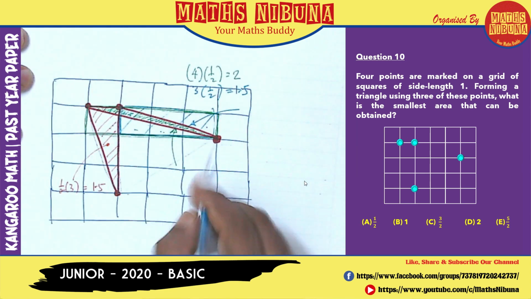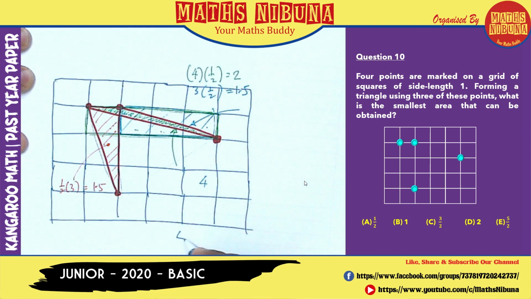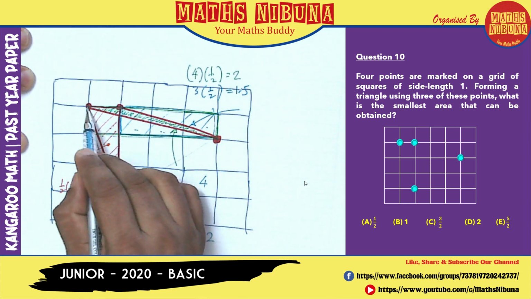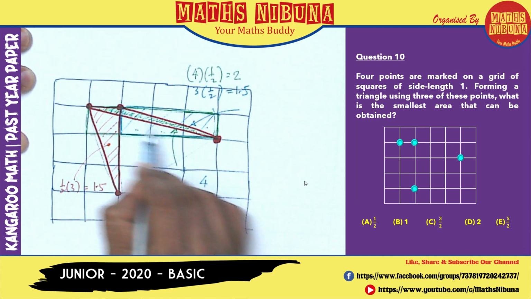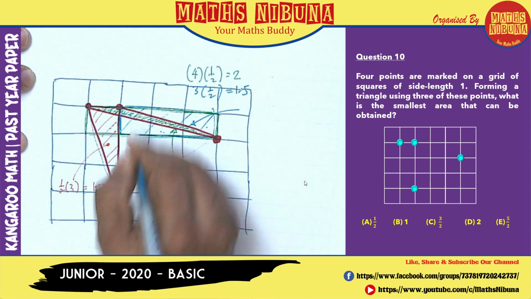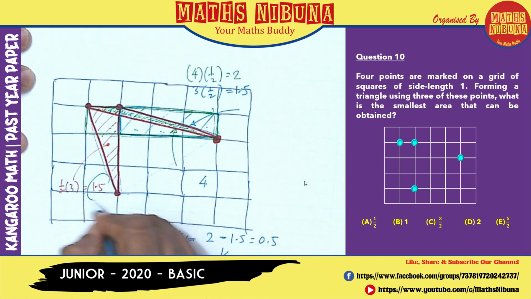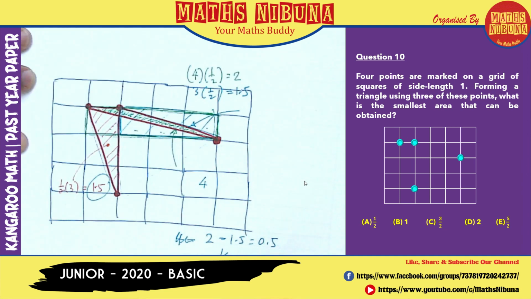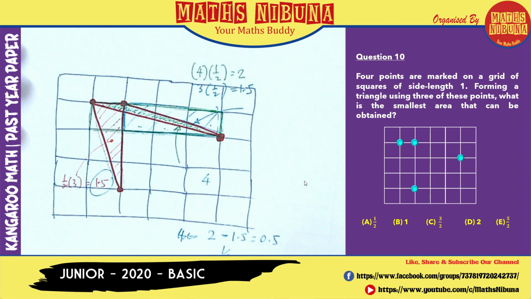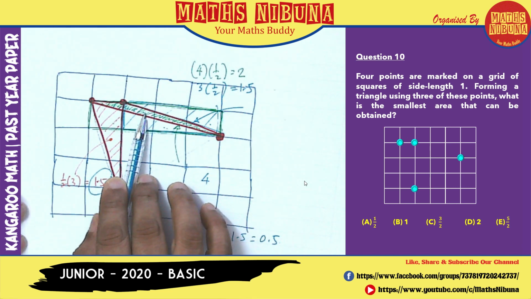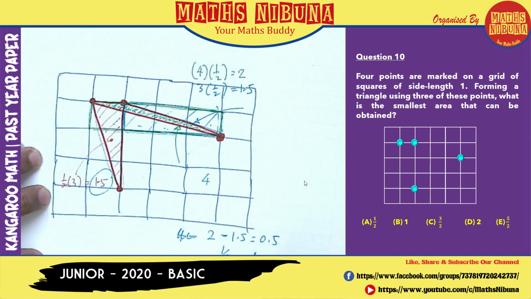If the big triangle is 2, this small triangle is 1.5, so it is 0.5. So it is half. The 1.5 is bigger, so this is the smallest. They ask you to find the area, so this is the smallest area. It's this half. The answer is A.